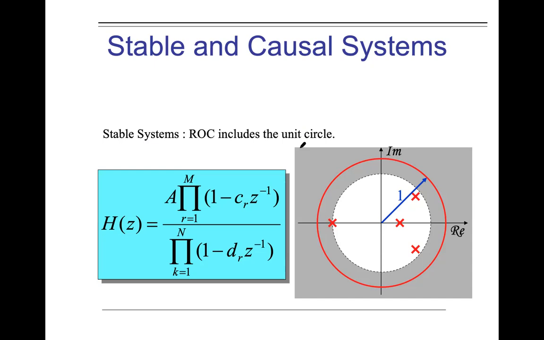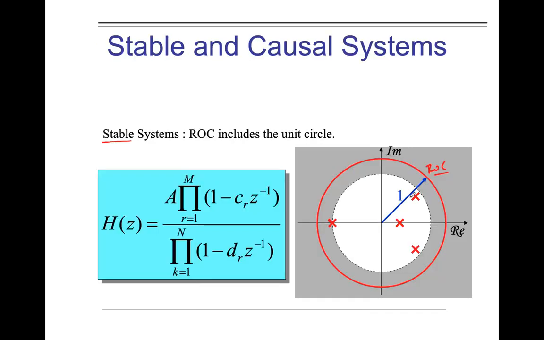Okay. Now, if this ROC includes the unit circle, then my system becomes stable. If my outermost pole is greater than 1, let me do this.